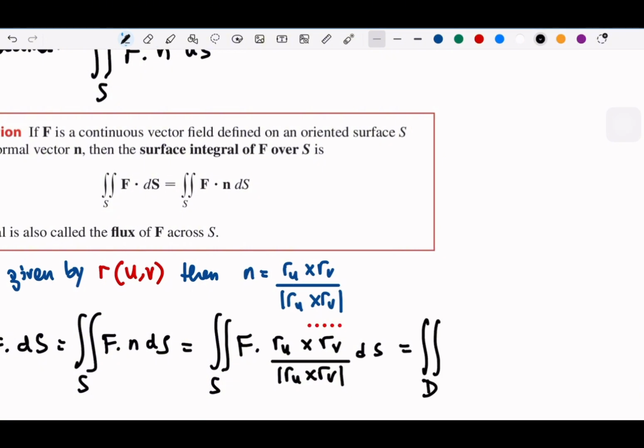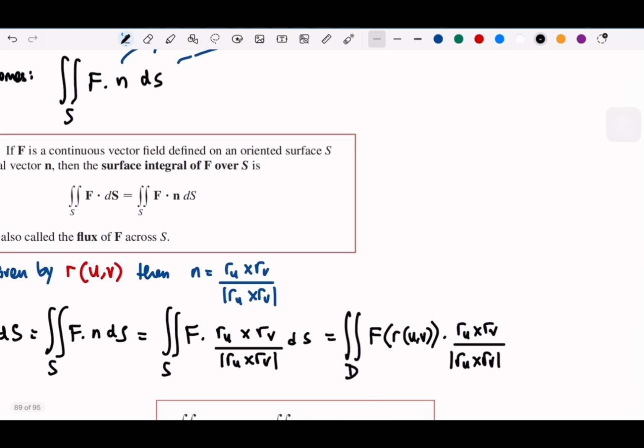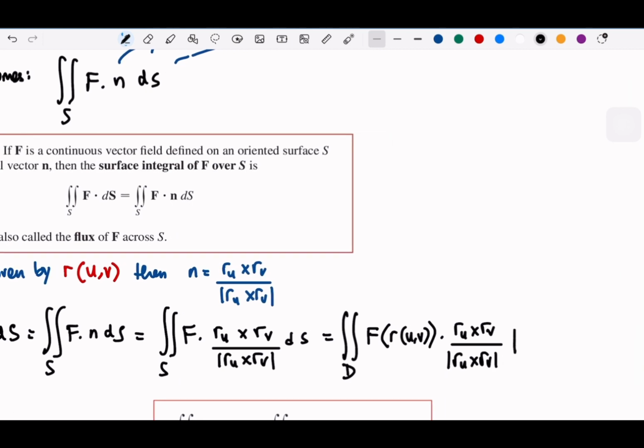We are going to change it to the region D, and F will be based on the vector function r(u,v), dot r_u cross r_v, and the dS will be practically the same as in the previous equations.